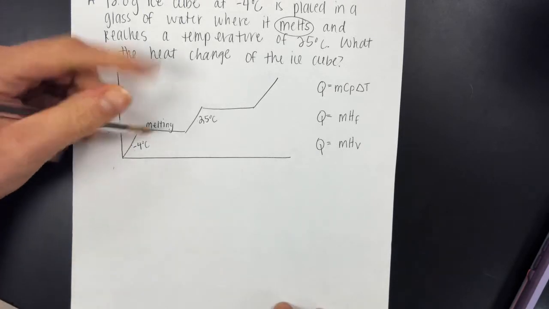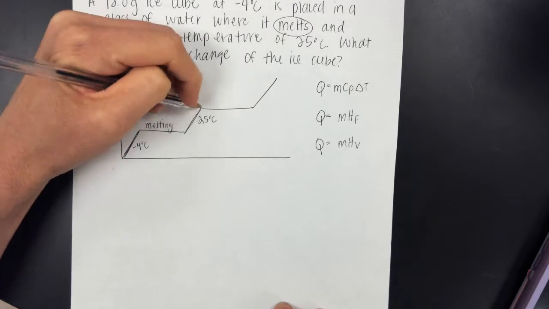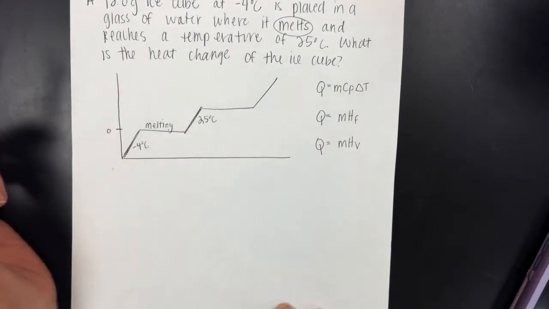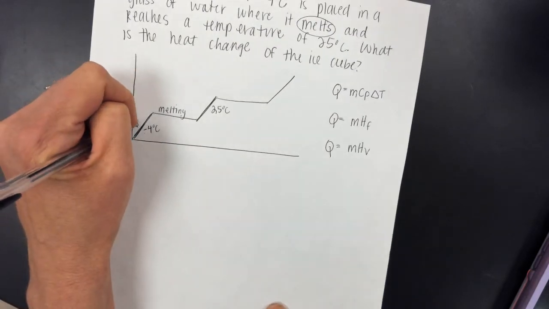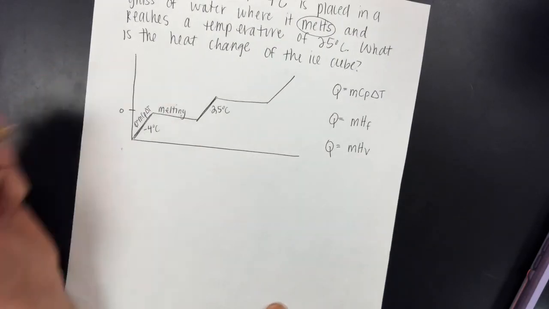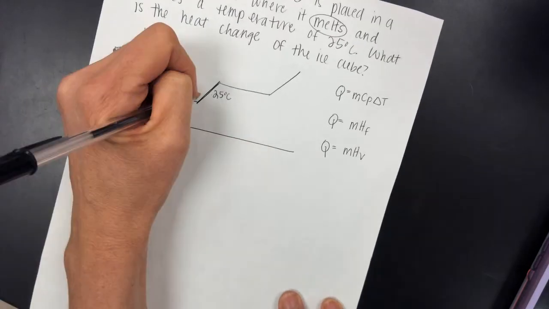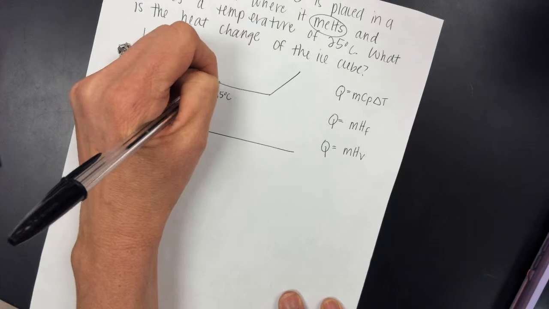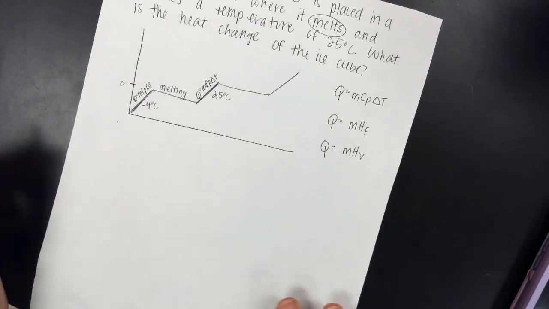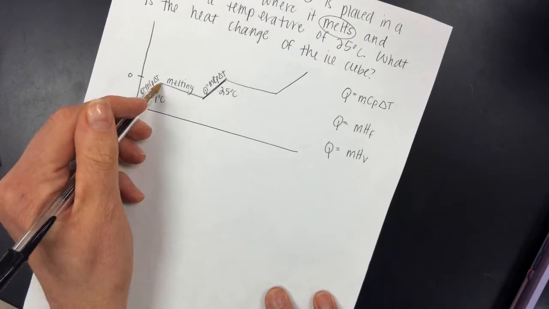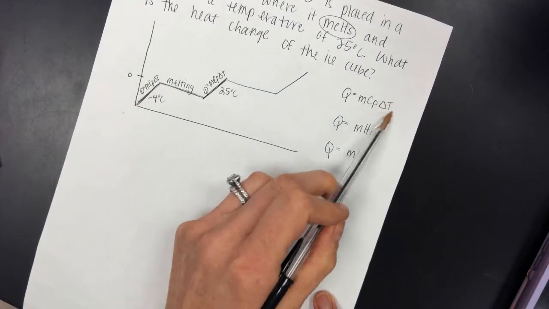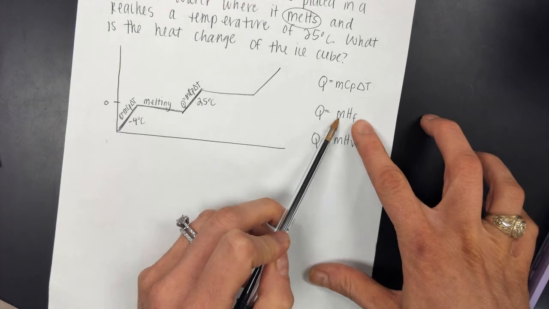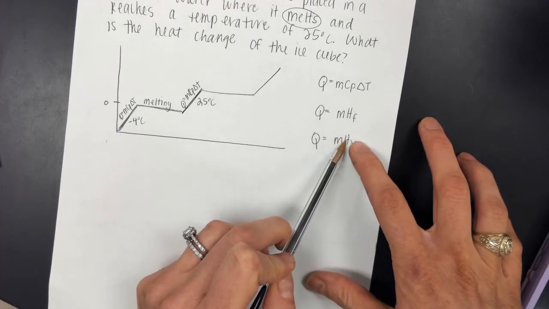So remember, anytime you are increasing in temperature, that is the formula that can accommodate your change in temperature. So Q equals mass times the specific heat times the change in temperature. And then anytime you have a phase change, you're not having a change in temperature, so you're going to be using one of these: Q equals mass times the heat of fusion or heat of vaporization.